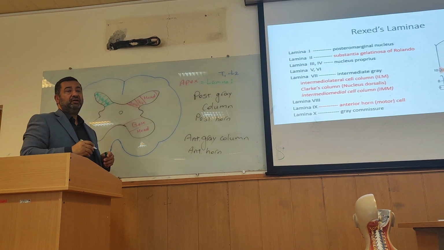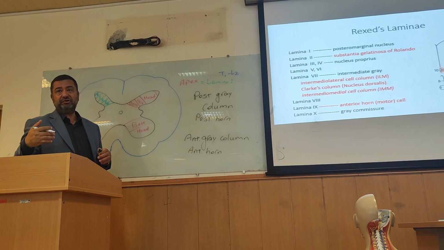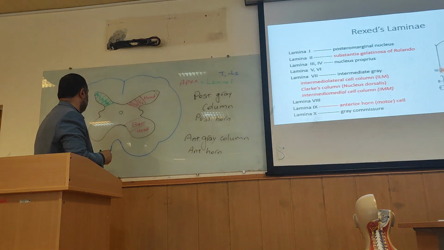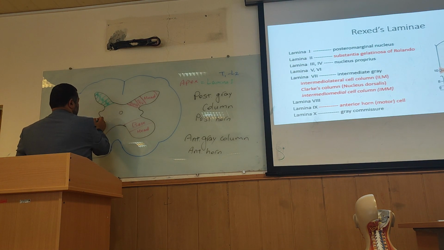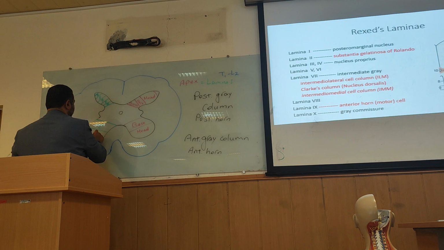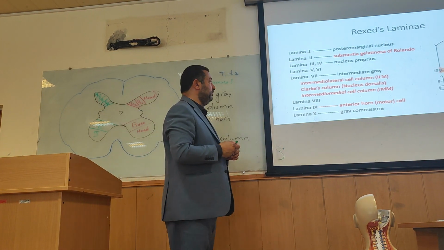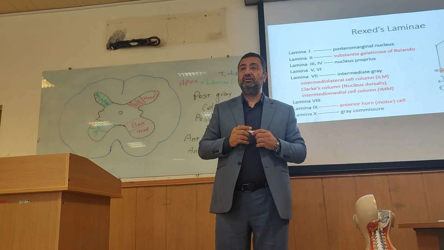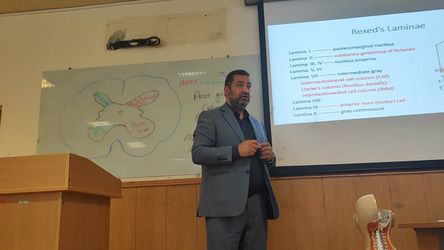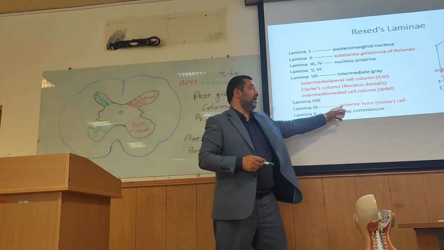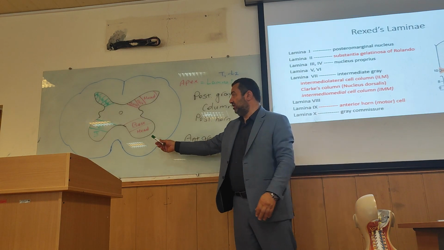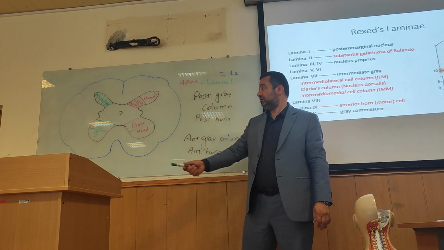These are laminae of the posterior gray column. In the base of the anterior gray column, there is lamina 8. And the head of the anterior gray column is called lamina 9. Lamina 9 or anterior horn. You see here? Lamina 9 is here.